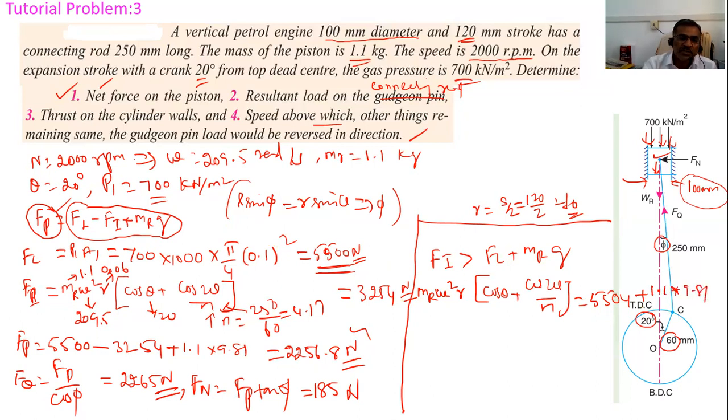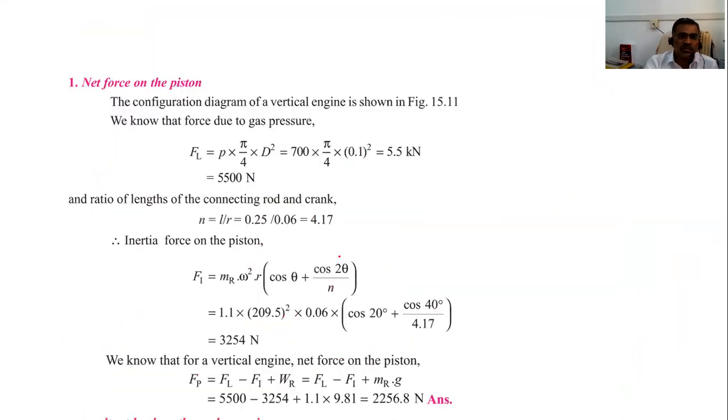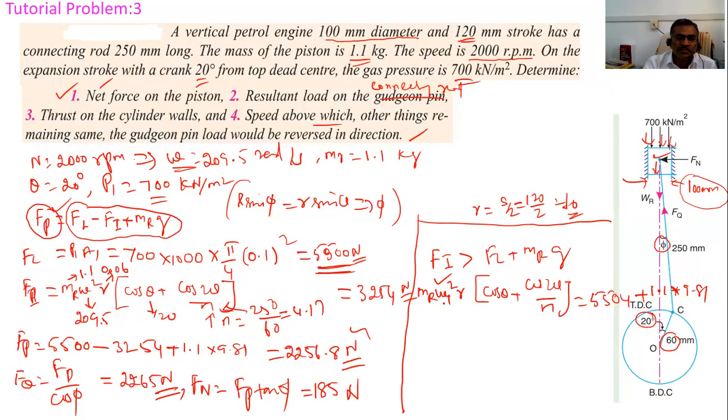So from this, you can find the value of omega. Let us take this as omega 1. MR is equal to 1.1. What is the value of R? R is equal to 0.06. Theta is equal to 20. N is equal to 4.